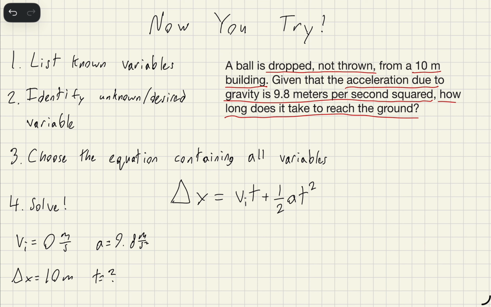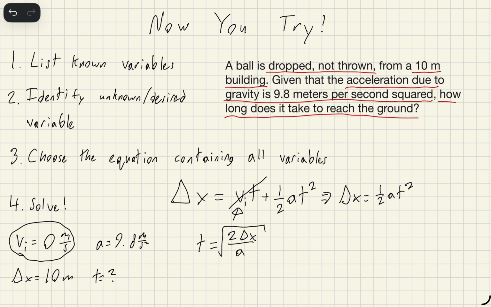I'm going to move it over here to give us some space. And then the first thing I'm going to do, this is just a little trick, is we notice that the initial velocity is 0 meters per second. So if we plug that in here, this whole term cancels, leaving us with just delta x equals 1/2 a t squared. We rearrange to solve for t, and you end up with t equals the square root of 2 delta x divided by a.